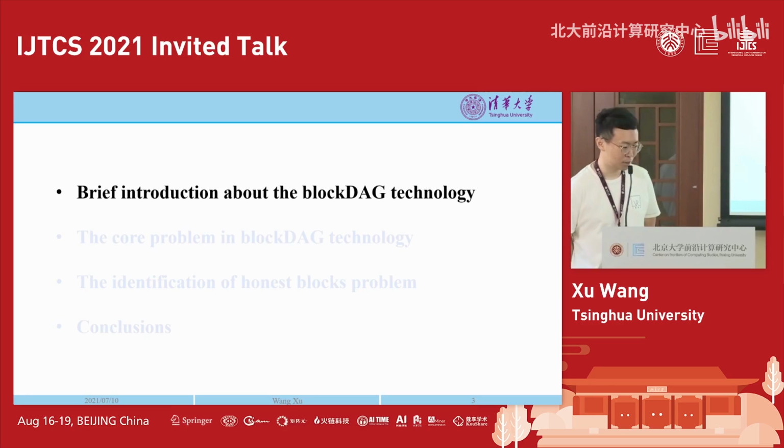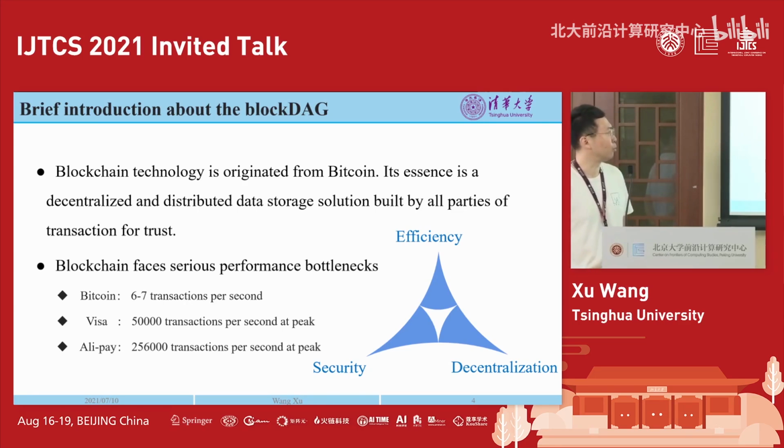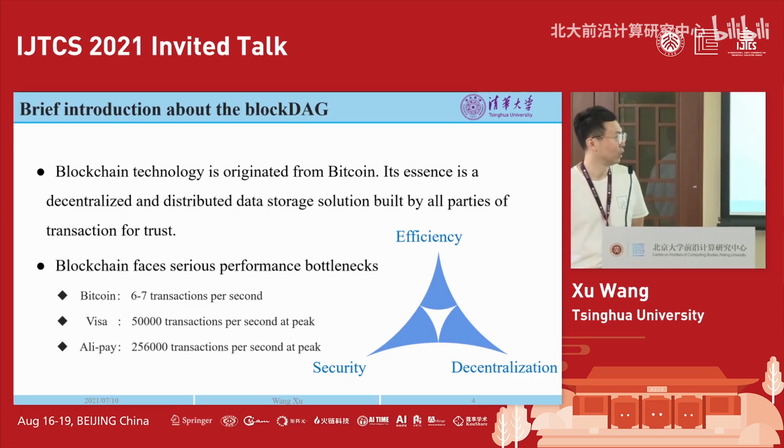Now let's come to the first part, the brief introduction to the block DAG technology. Blockchain can be traced back to 2009. It originated from Bitcoin. Its essence is a decentralized and distributed database built by all parties for interest. There's a very popular impossible triangle in blockchain technology.